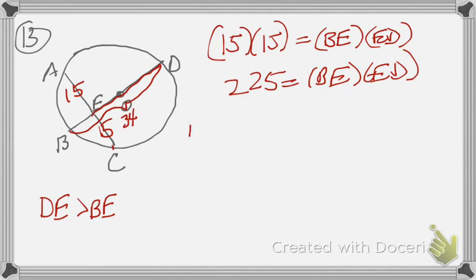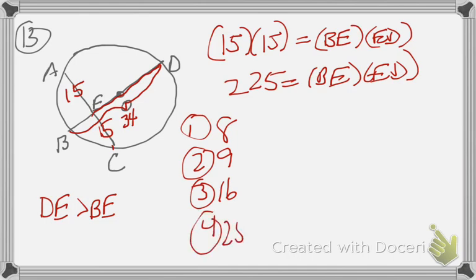Now, they gave us four choices. These were the four choices. And the only one that is going to give us the 225 is going to be this one or this one, because 9 times 25 is 225. But remember that over here, DE has to be the bigger piece. So that's this piece here.